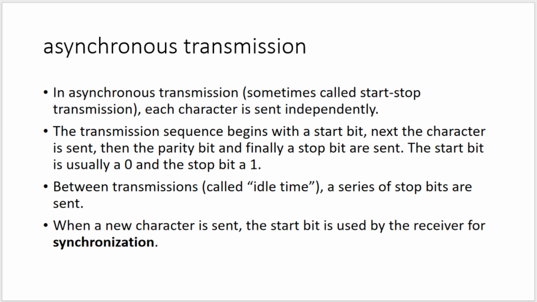Start and stop bits are used to indicate the beginning and end of each character or byte, suitable for communication with irregular or intermittent data flow. For example, serial communication in old computer peripherals like modems and printers.